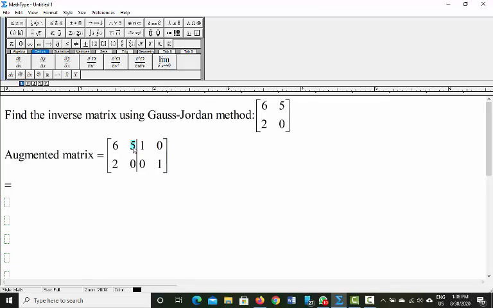I'm repeating again, if you want to bring this 0 to here, that means convert these one to 0, you need to establish row operation with these one. But we have a 0 here. So if you establish row operation with this one, you will see that all the elements in the first row will become 0.